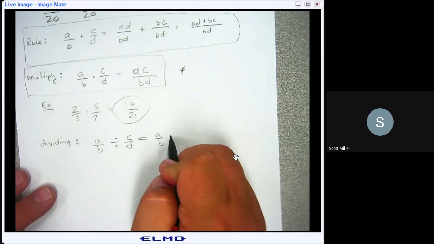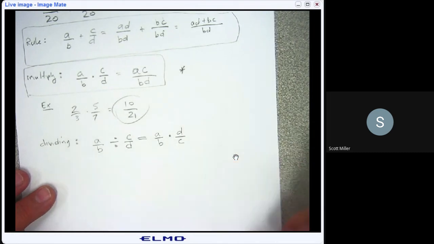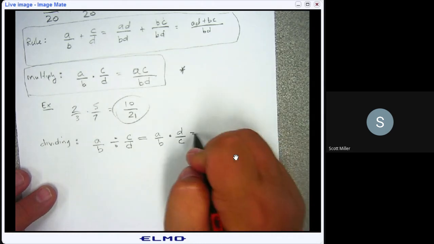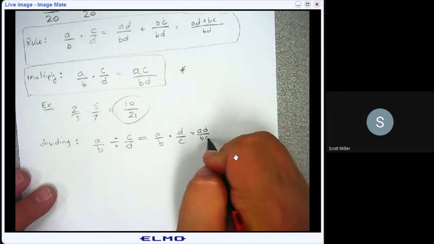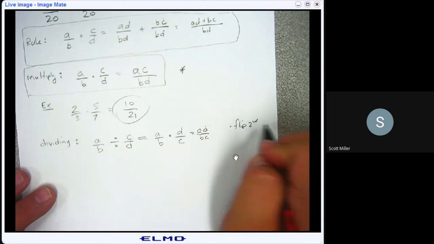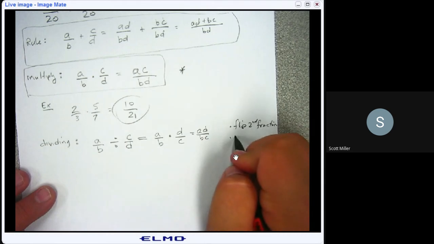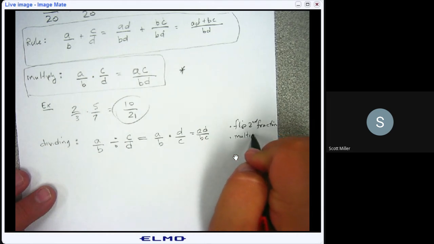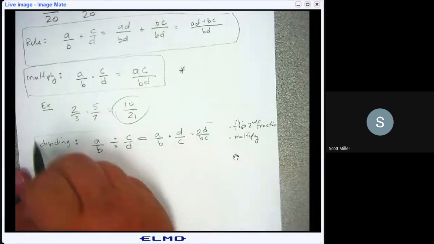How do I change it to a multiplication problem? You literally flip over the second fraction and then multiply to this multiplication problem. So you need to flip the second fraction and then multiply. And that's how you do those.